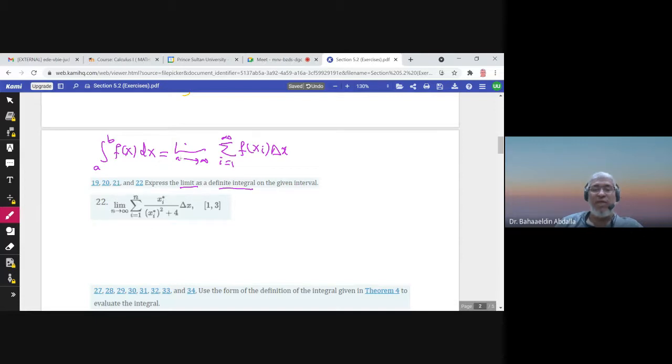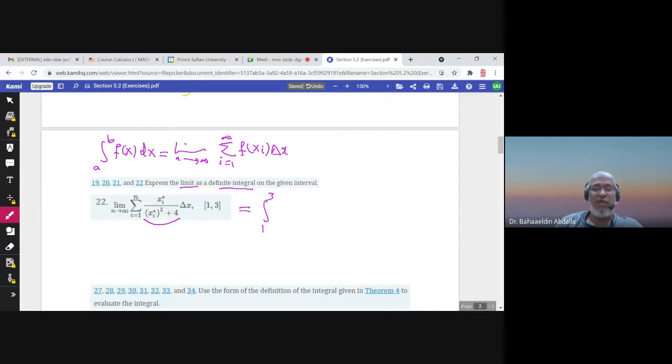So the right hand side is given, and we need to write it as an integral. Well, the limits of integral are given, so it's from 1 to 3. And how to find f of x? It is similar to this one without i. So this function here will give me f of x.